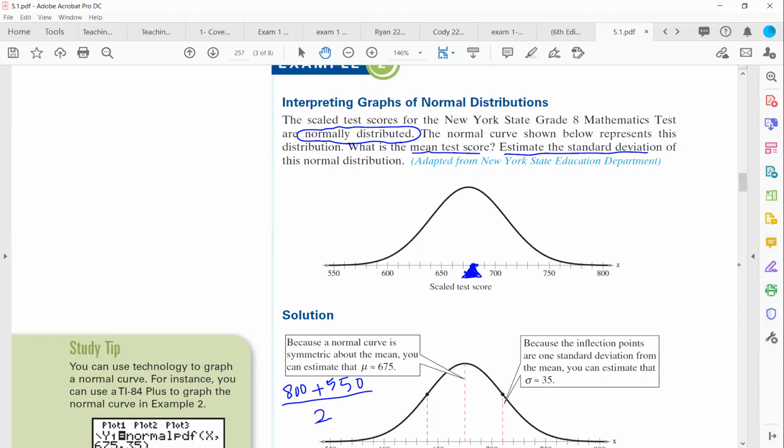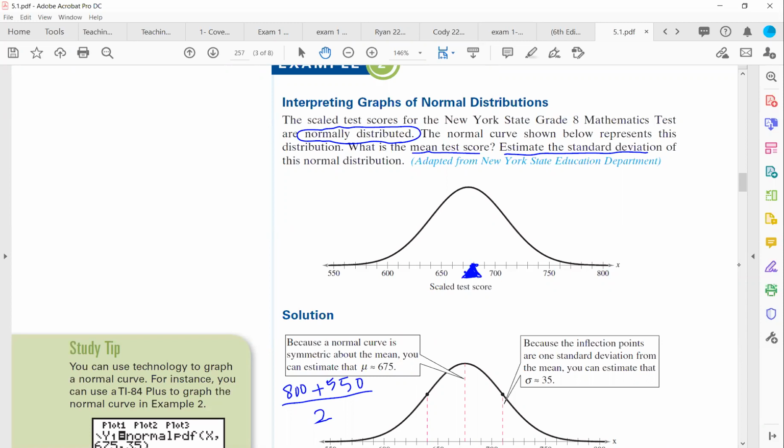Now, what about your standard deviation? How do we understand the behavior of standard deviation and how do we do the algebra? Perfect. We know that our mean is 675. If we want to do the algebra and get the value, how do we calculate the standard deviation?